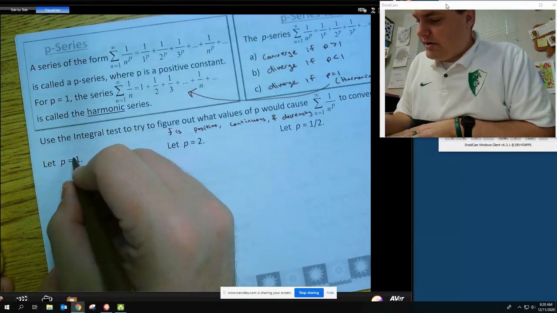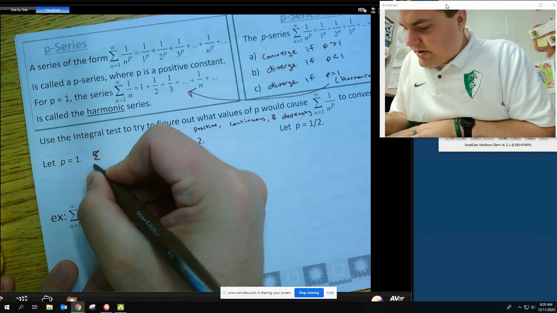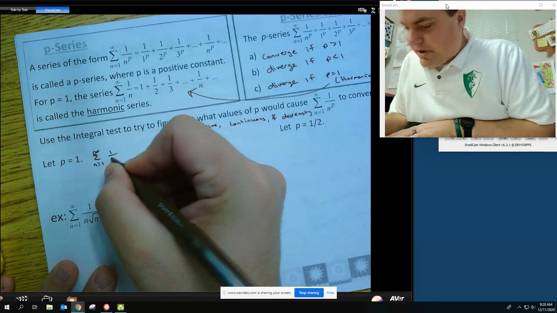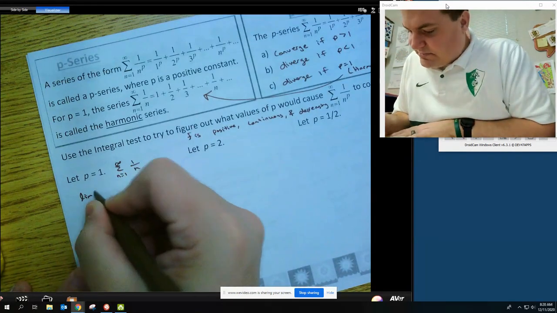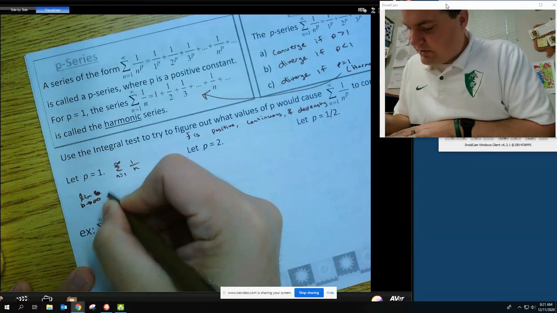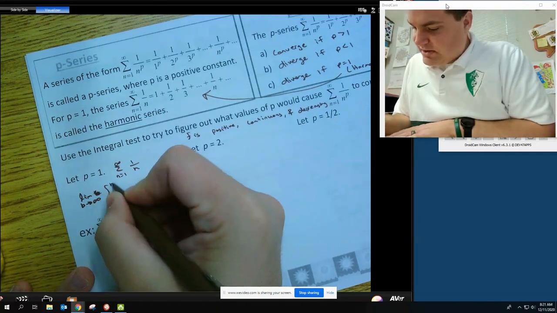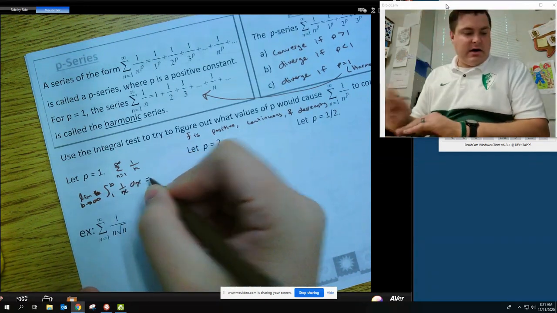So when p is 1, I'm going to get the sum from n equals 1 to infinity of 1 over n. So this is going to be the limit as b approaches infinity of the integral from 1 to b of 1 over x dx.